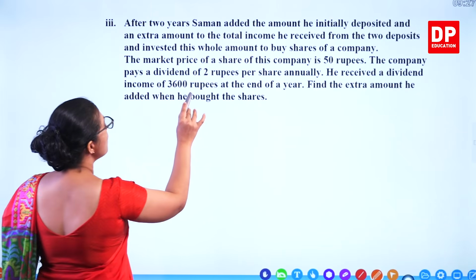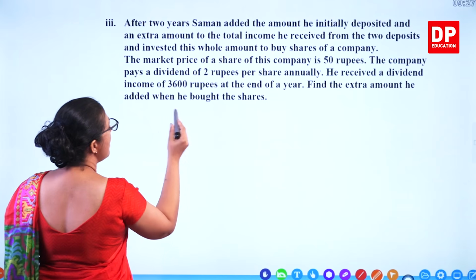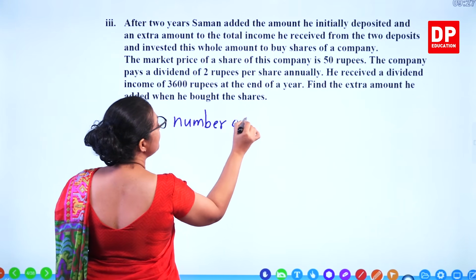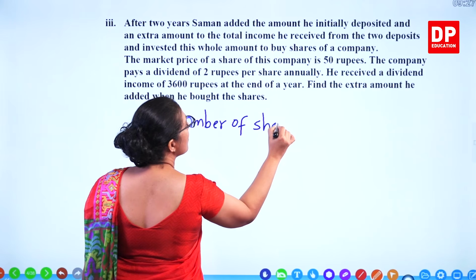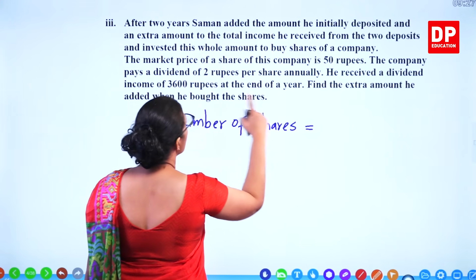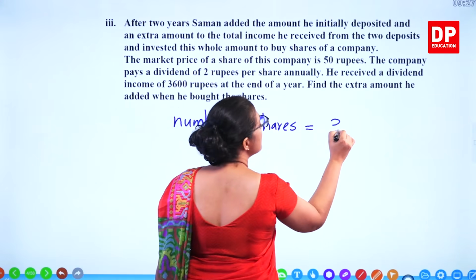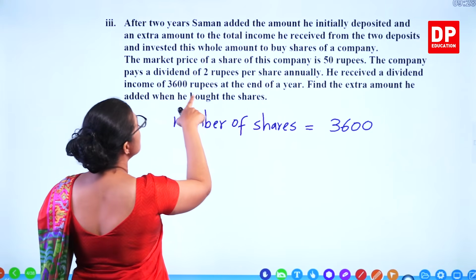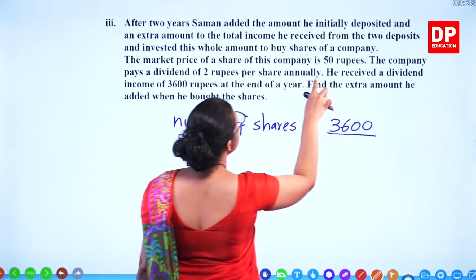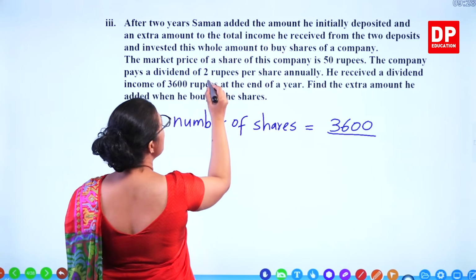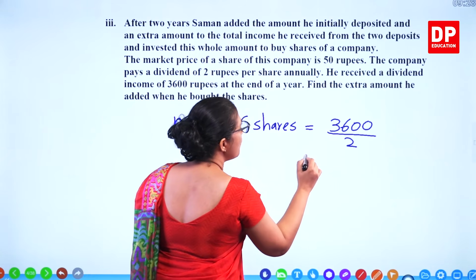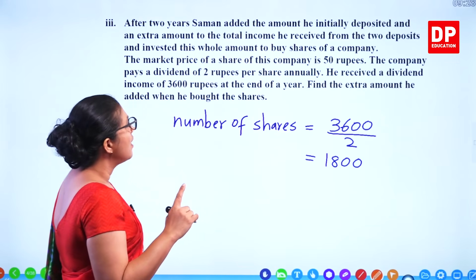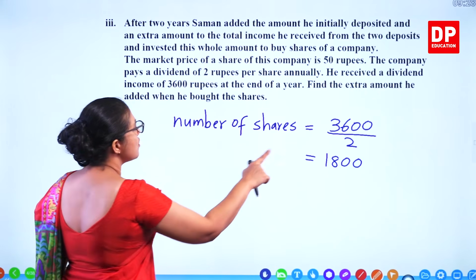So first you can find out how many shares there are. Number of shares: from the total income from dividends, 3,600, each share gives you 2 rupees. So divide by 2, that means 1,800 shares are there.